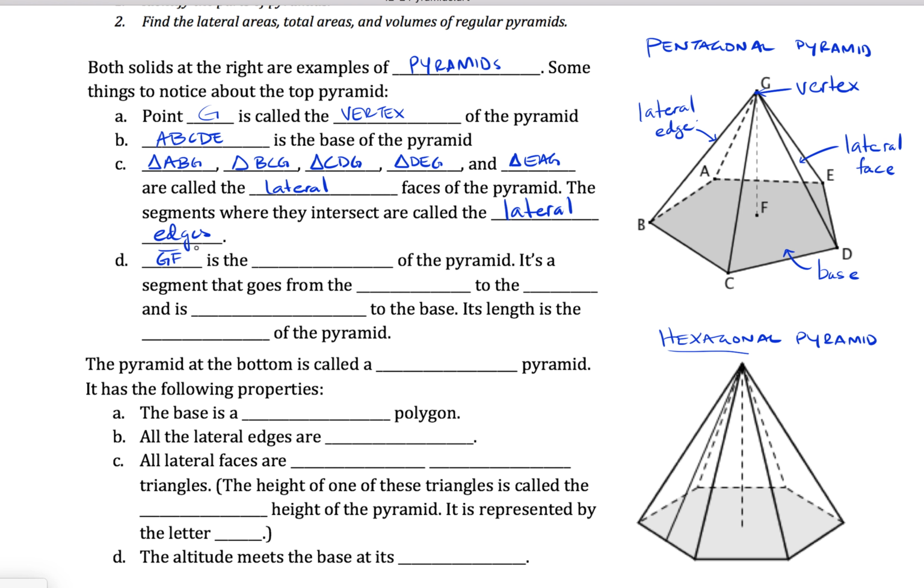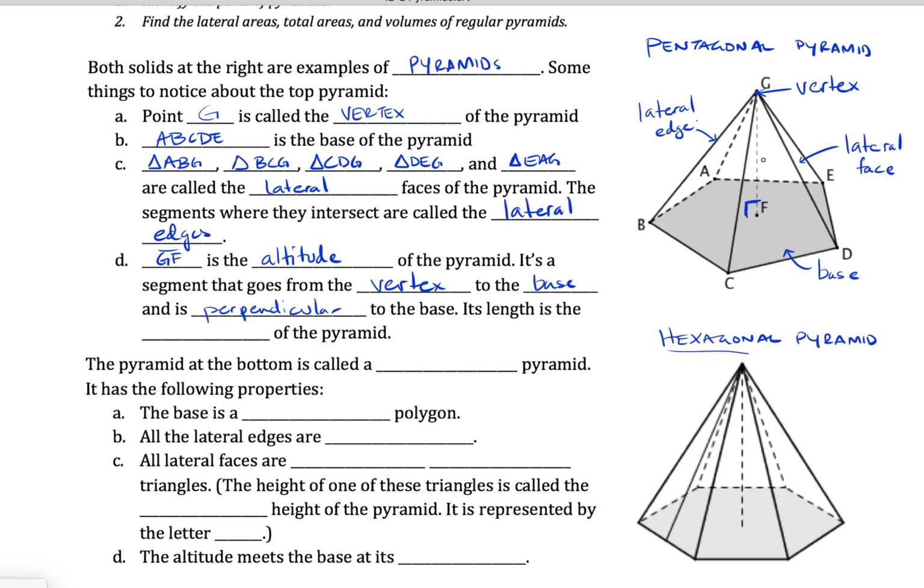That is called the altitude of the pyramid. It's a segment that goes from the vertex to the base, and it will be perpendicular to the base. I don't have it drawn in here, so let's add it in. It's going to be perpendicular to the base, so that would be a right angle where that segment meets the base.